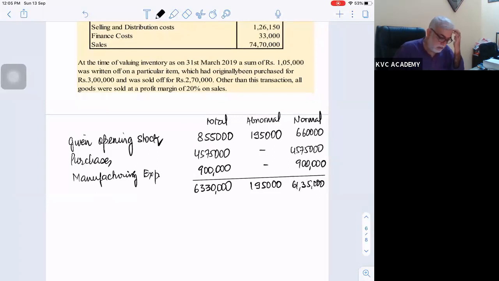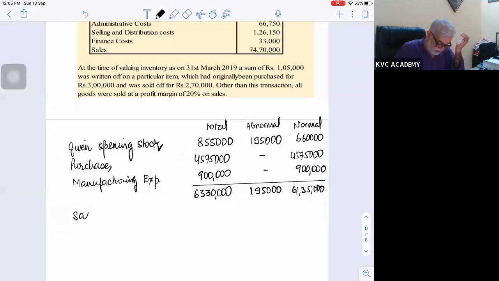Now, we made sales. The total sales was 74 lakh 70,000. But that included 2 lakh 70 of this one.